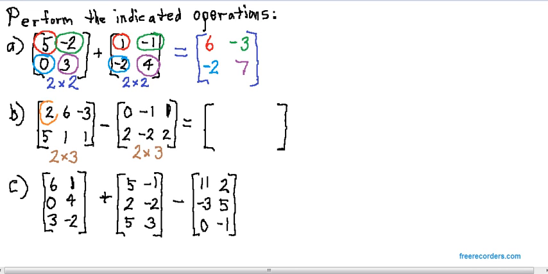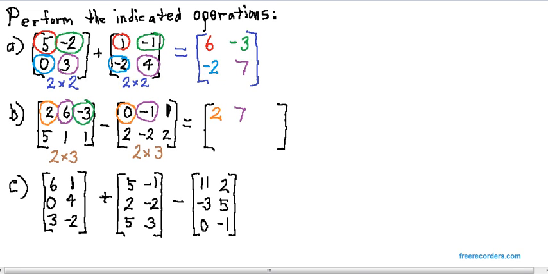You take the corresponding elements and you subtract them. So starting in the upper left, take the 2 and the 0 and do 2 minus 0. That gives you 2. Then take the 6 and the -1 and subtract them. 6 minus -1. Remember, subtracting a negative is the same as adding. 6 minus -1 is the same as 6 plus 1, or 7.